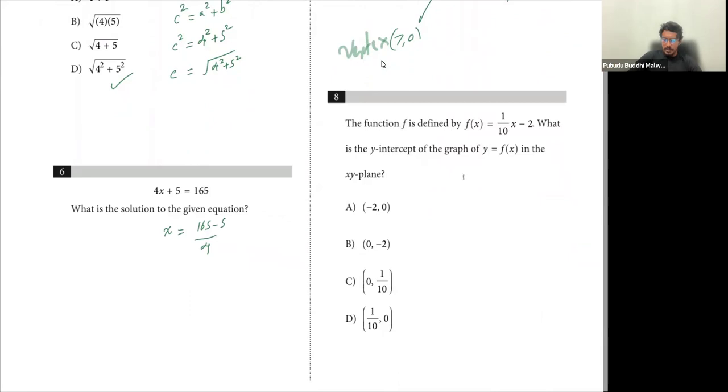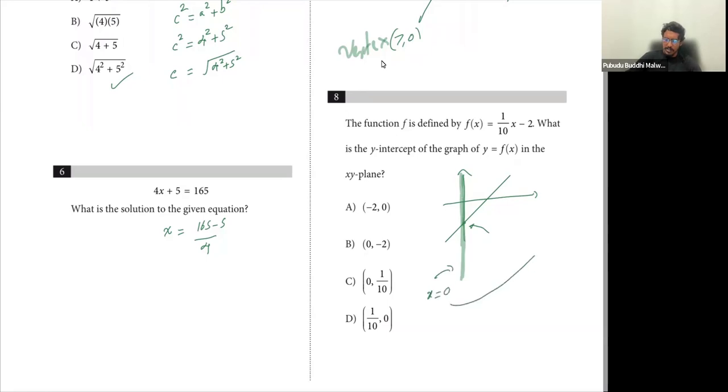The y-intercept, we're talking about a point like this. So x must be equal to 0, I think. Because this is basically the x equals 0 line.